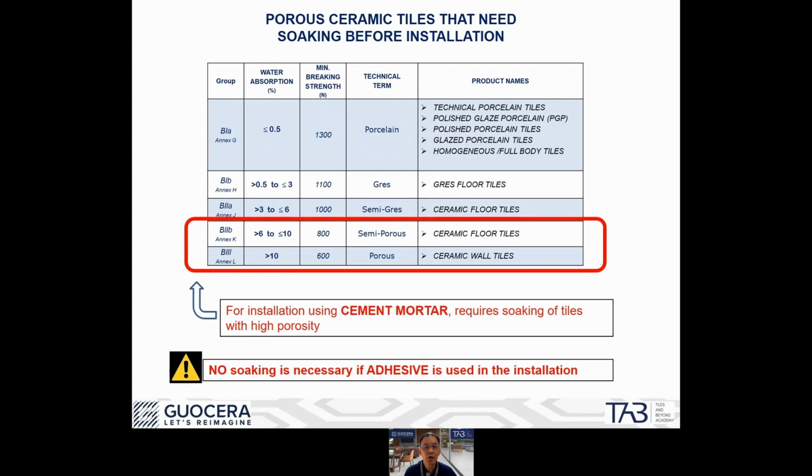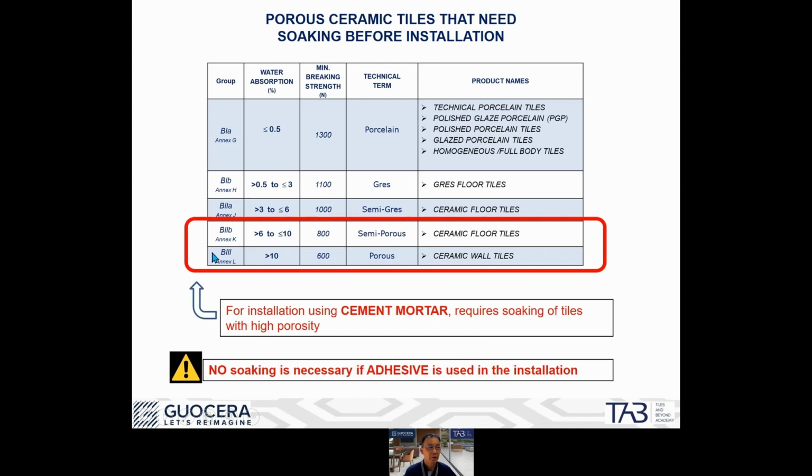Of course, I would say a large percentage of porous tiles are actually installed using cement mortar. If cement mortar is used for the installation, the tiles need to be soaked in water. What sort of tiles? It will be tiles in these two groups.